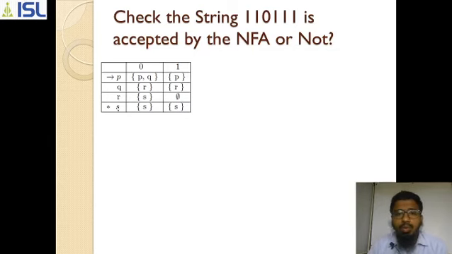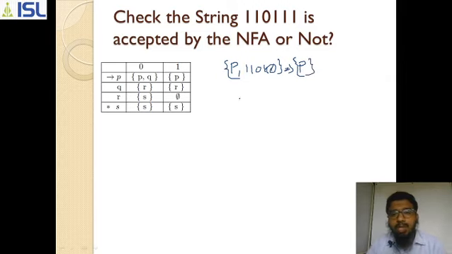Okay, another string on the same problem. Present state is the initial state p, comma, string 110110. We need to check. What will be the answer if p of 1 is p?